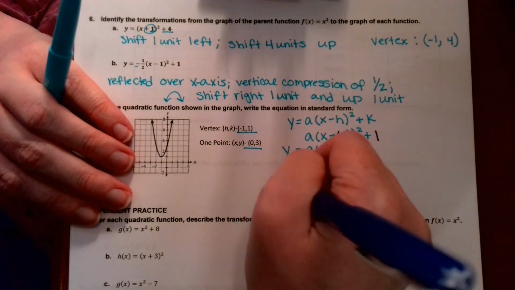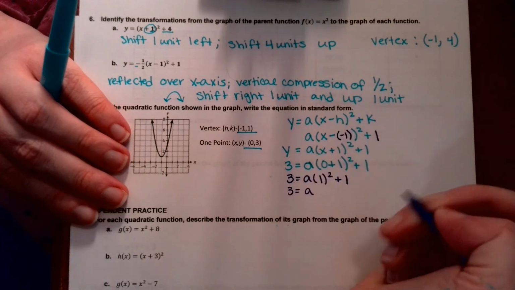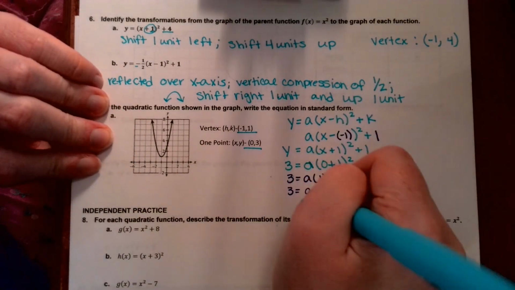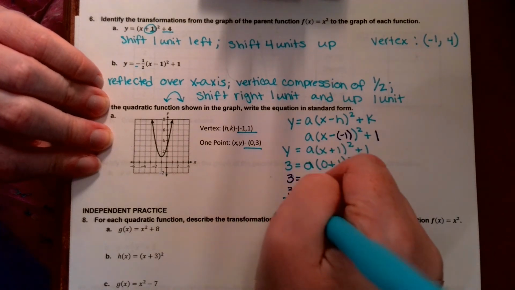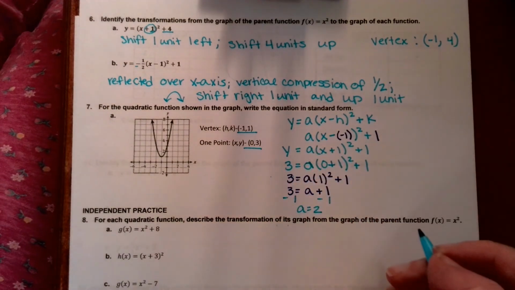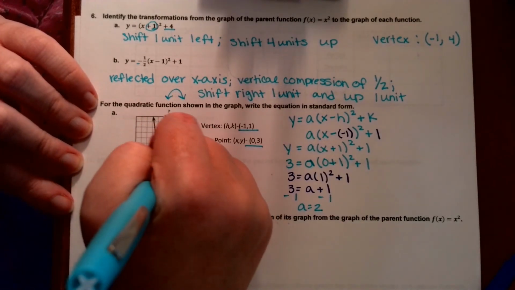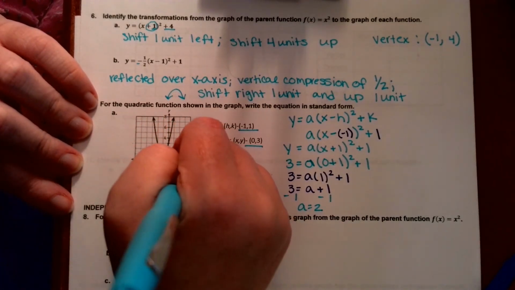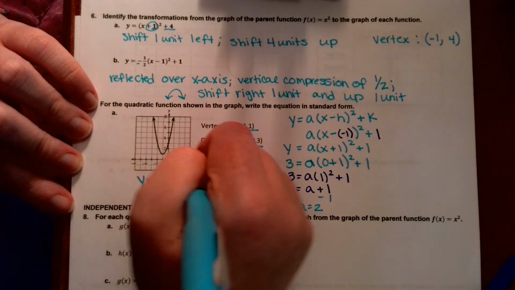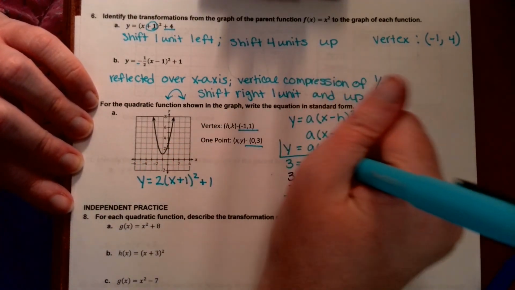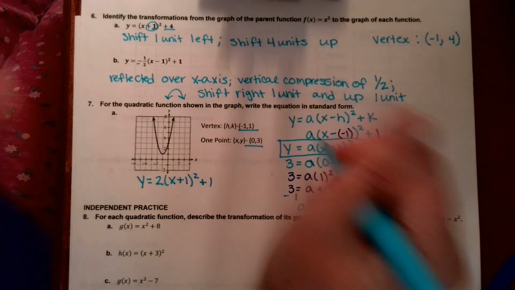We have 3 equals 1 times a, which is just a, plus 1. We subtract 1 from each side, we get a equals 2. So my vertex form of my equation is y equals 2 times (x plus 1) squared plus 1. So we took what we got here and we just filled in that a value.